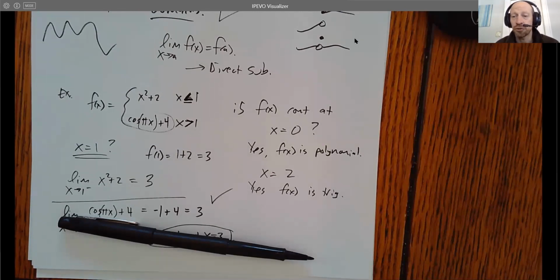Okay, you cannot just assume it's continuous if it's a piecewise function like this. You actually have to check the limit and make sure it equals the function value, unless you know something, right? Like that it's a polynomial or a rational function or something like that.